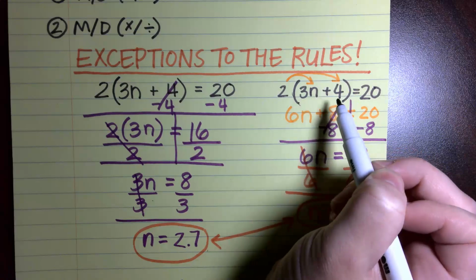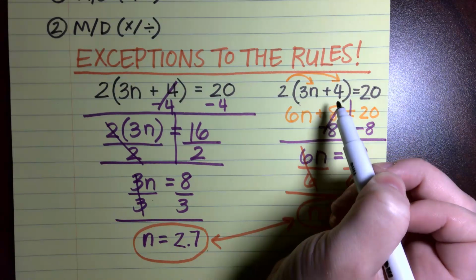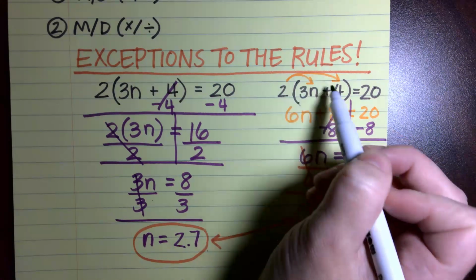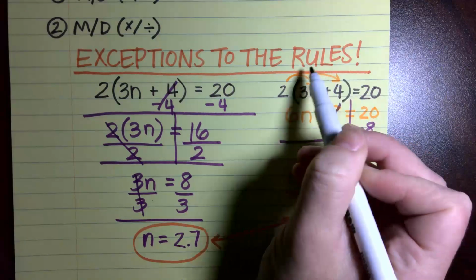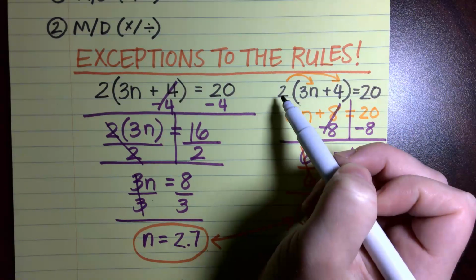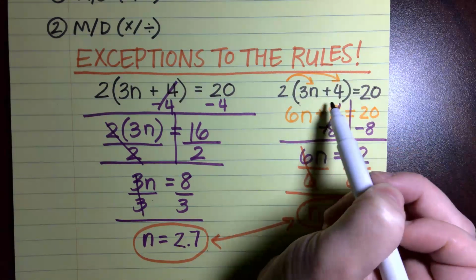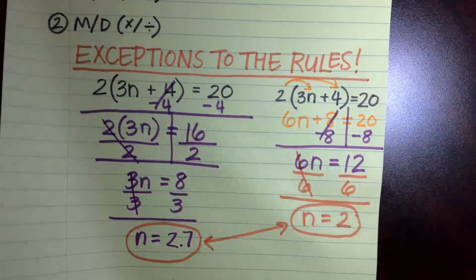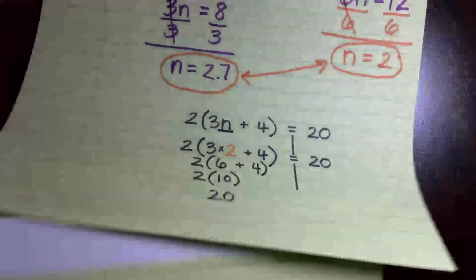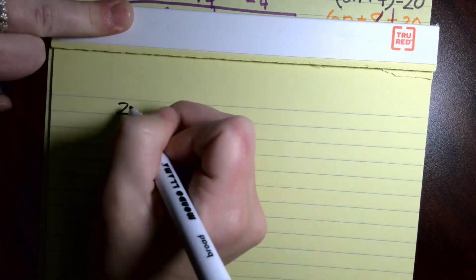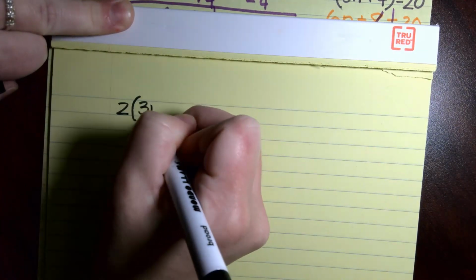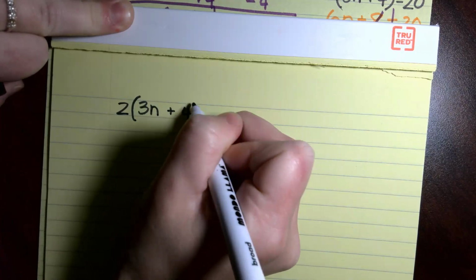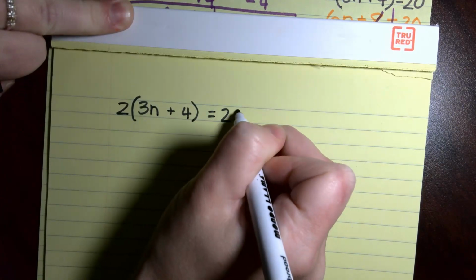So I can't get rid of 4 until I do what is happening in this whole side. I'm doing 2 times this entire quantity. So I have 2 options here. Let me show you the 2 options. 2 times 3n plus 4 equals 20.